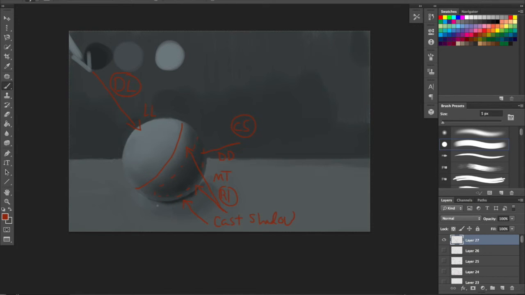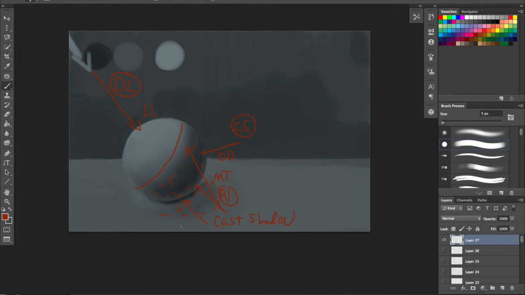And actually, our cast shadow extends out from just underneath the ball. The reason I lightened it up in here is because of the reflected light coming off the ball onto the plane, lightening up this cast shadow.